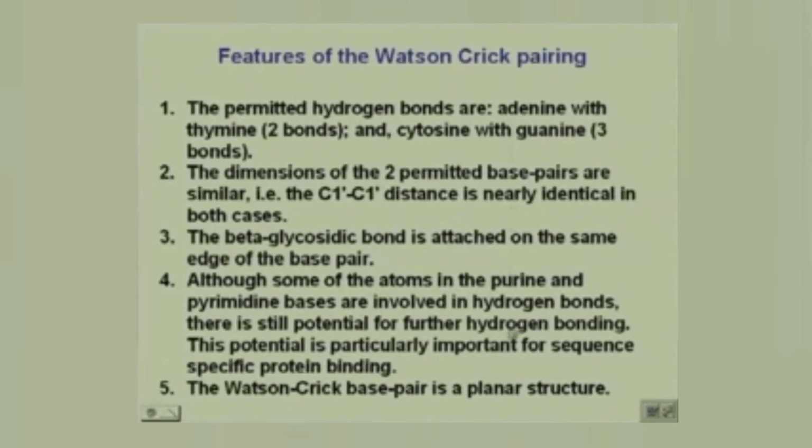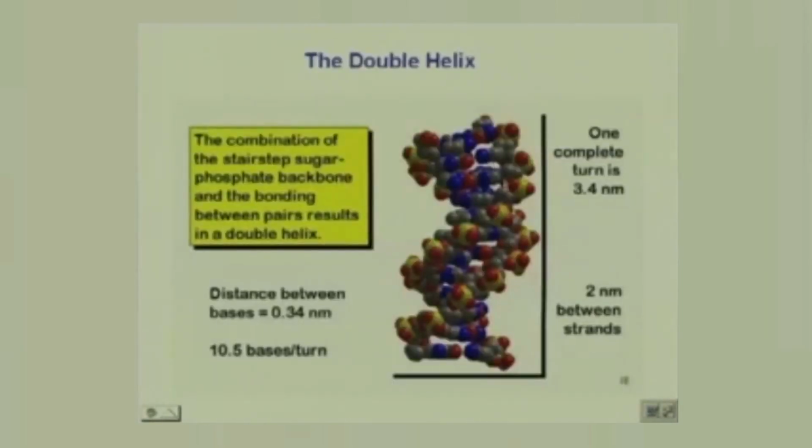We have gone through all of these features, and we now know that the structure of DNA looks like this. Okay? So the double helix, we have 2 nanometers between the strands. We have 1 complete turn, that is 3.4 nanometers, and the distance between the bases is 0.34 nanometers, and we have a major groove and a minor groove.